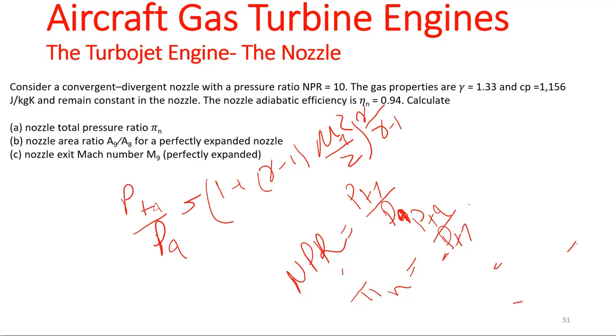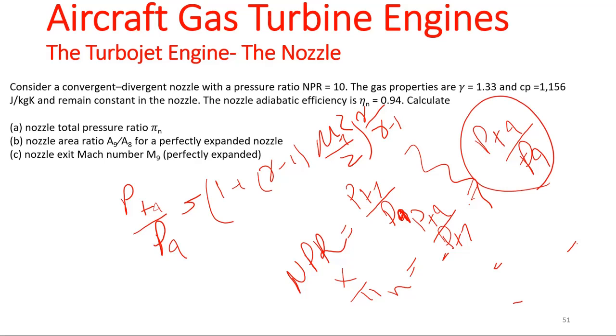What will happen if we multiply these two? We are going to get PT7. If we do the multiplication, you're going to get PT9 divided by P9. So you're going to get the pressure ratio you need, right? Okay, so let's do that and then find the Mach number.